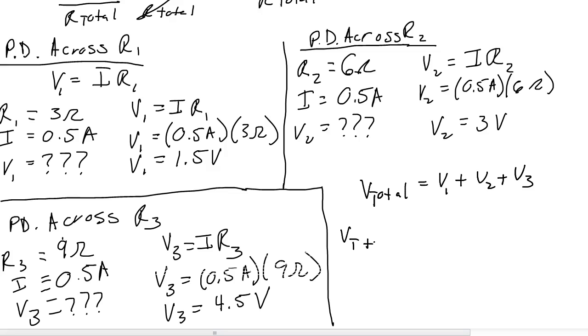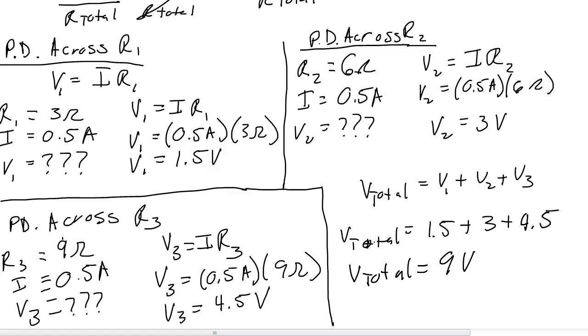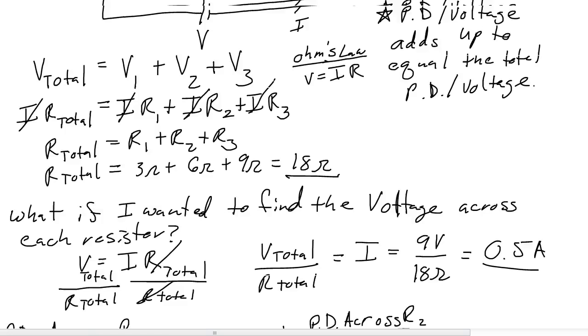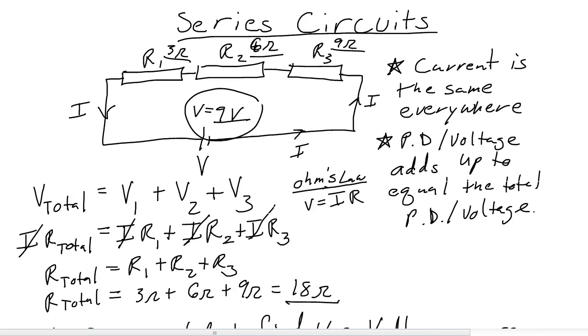And so V total is equal to 1.5 plus 3 plus 4.5. I add these all together, and I see that V total across all the resistors adds to 9 volts. And so that checks out because that is the potential across the entire circuit. Alright, that's it.